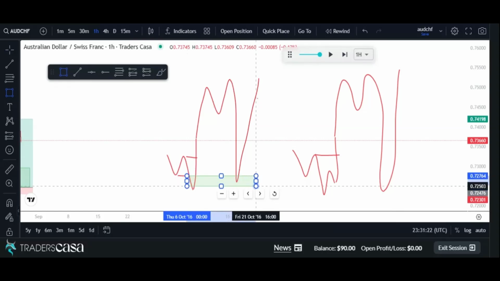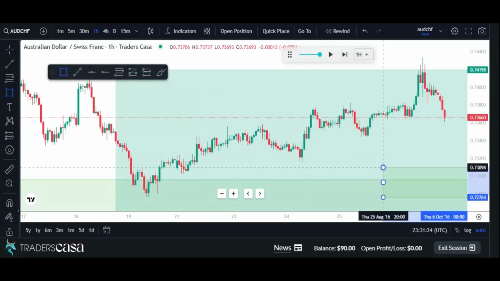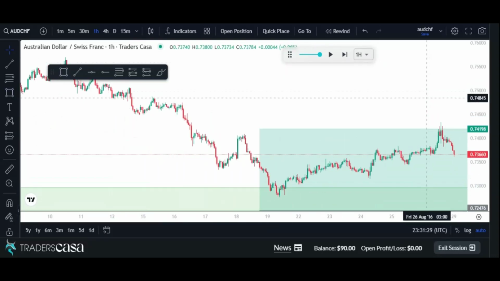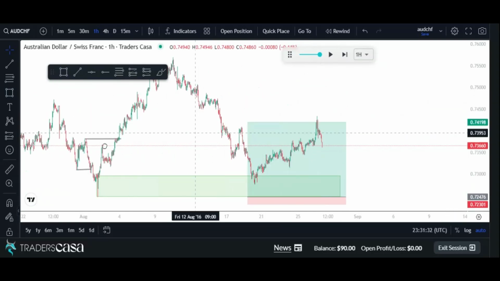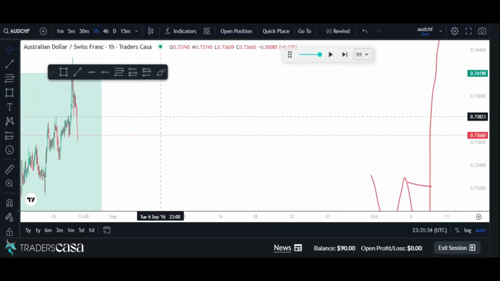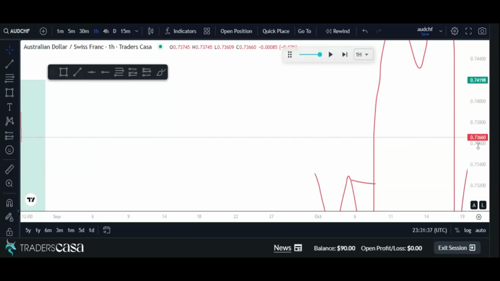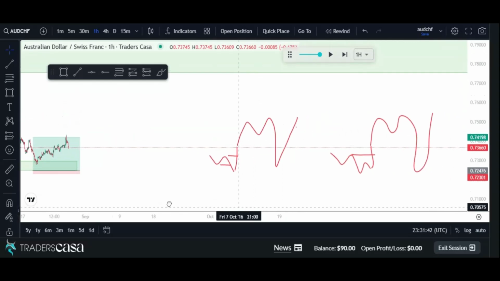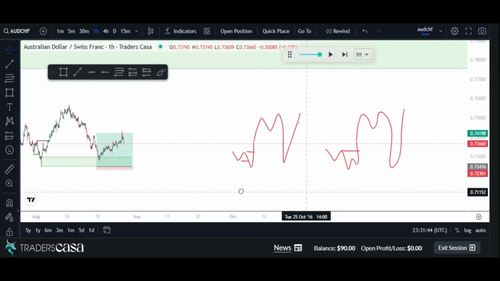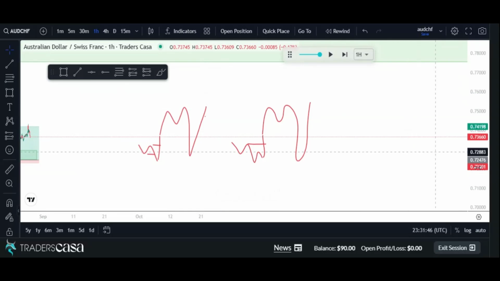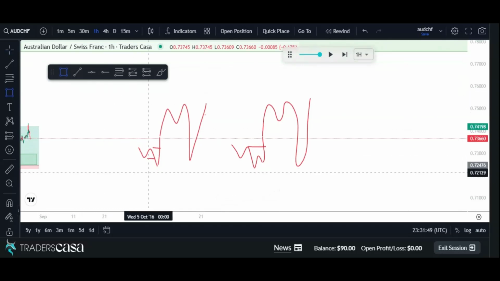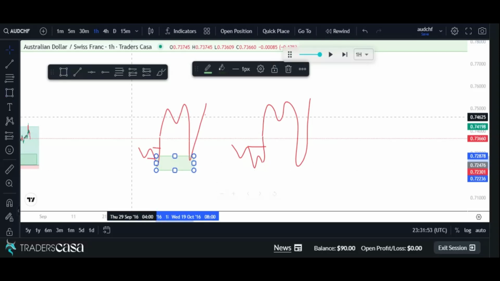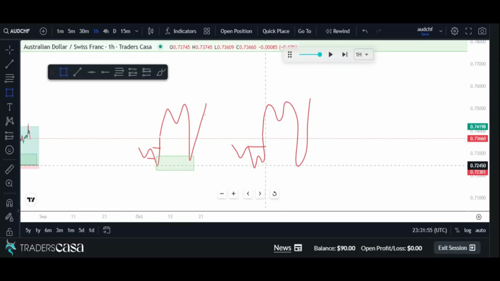So these are the different types of structural breaker block.